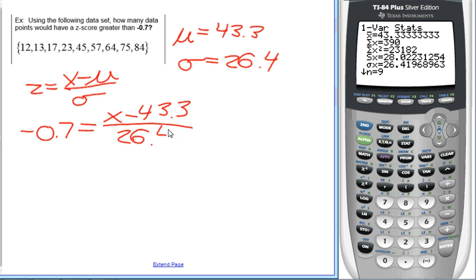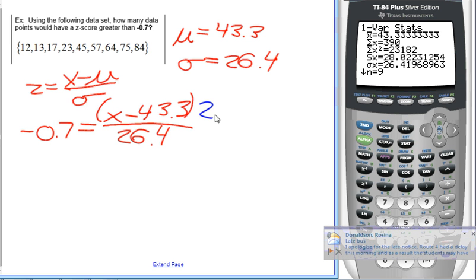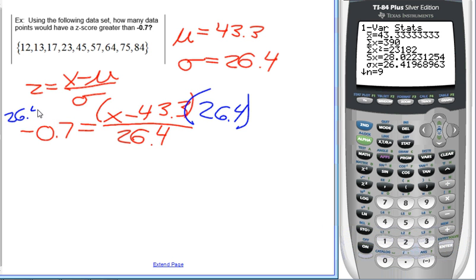So I've got x minus 43.3 is my mean, and my standard deviation is 26.4. So to solve this one, you could either set it up as a proportion, or you could take a look at this and say, okay, I know that this is x minus 43.3 divided by 26.4. So the opposite of dividing by 26.4 is multiplying by 26.4. So I'm going to multiply both sides by 26.4.